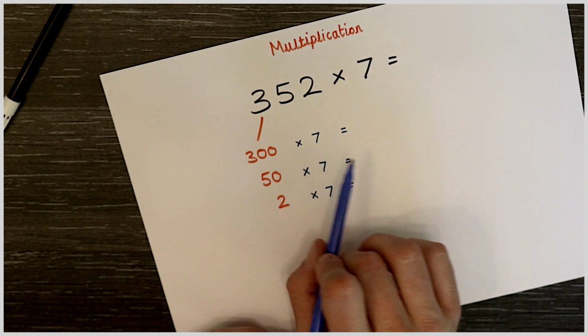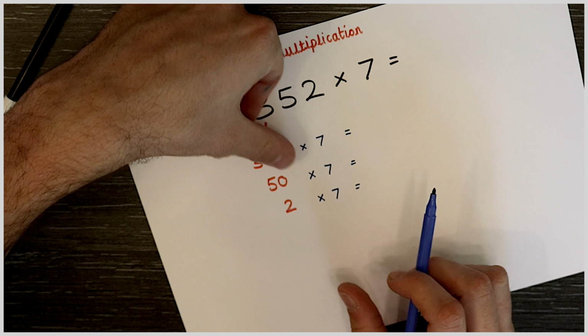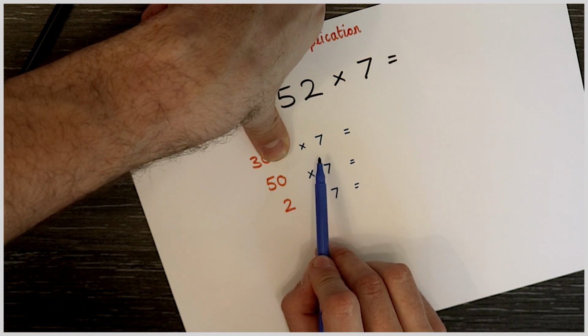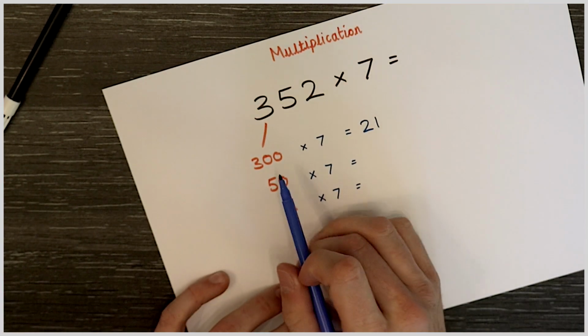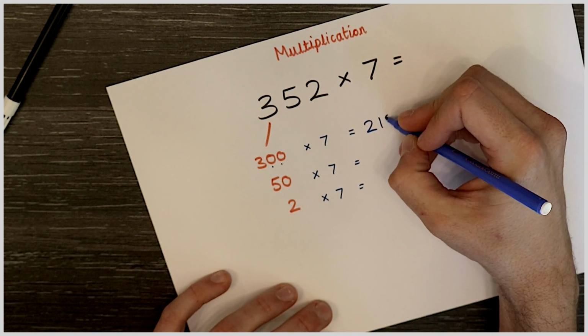So we get 300 times 7. Well, if you know your 7 times table, or your 3 times table, you know that 3 times 7 is 21. So now you've got 21, but it's not 3, it's 300. So it's going to be 100 times bigger. That's easy.